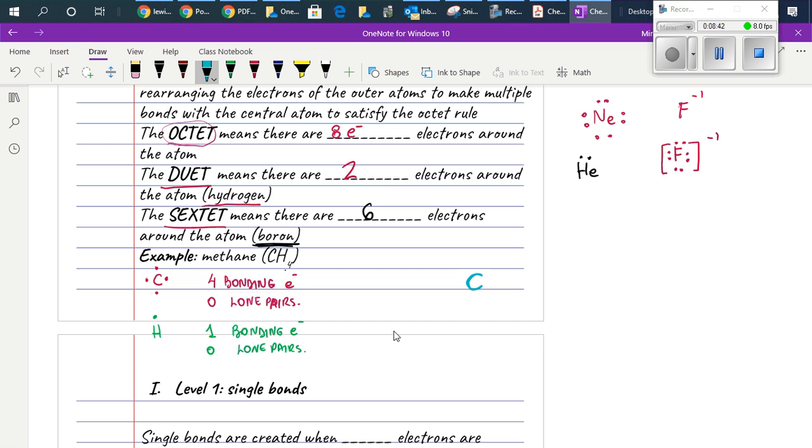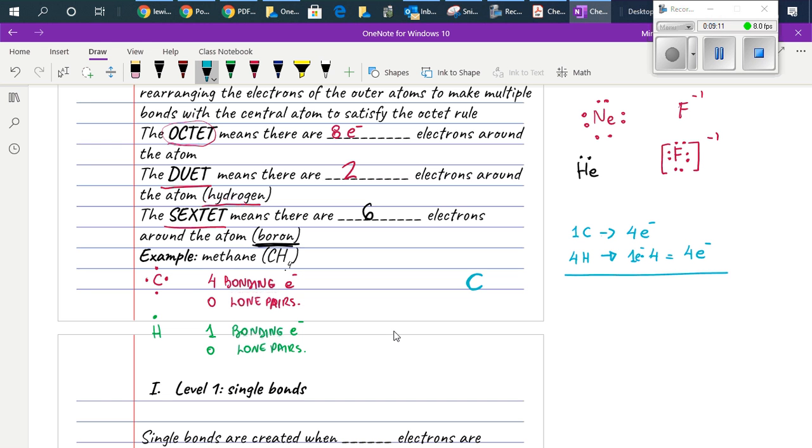Okay, so 1 carbon has 4 bonding electrons, and the 4 hydrogens in the formula will be 4 times 1, or 4 electrons.